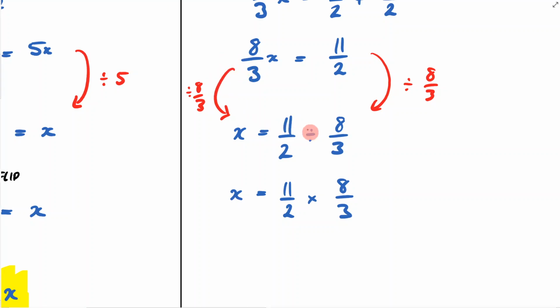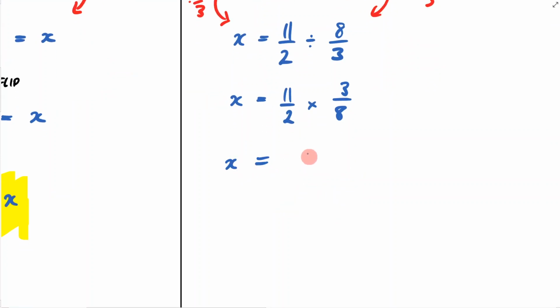I've done this correctly. 11 on 2 divided by 8 on 3, that's 11 on 2 times, oops, whoopsie daisy. I didn't flip it. I'm thinking, what have I done wrong here? I did not flip it. So 8 on 3 became 3 on 8, and now there's nothing here that I can simplify. Using my bow tie method, there's nothing there. So my answer is just going to be 33 on 16.